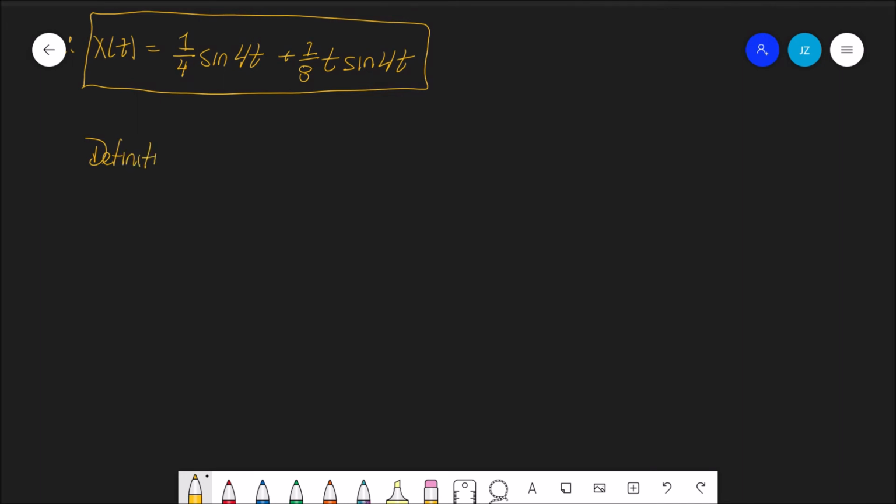So now we're going to look at a new operation called the convolution. So we have two functions, f and g, that are piecewise continuous on the interval 0 to infinity.